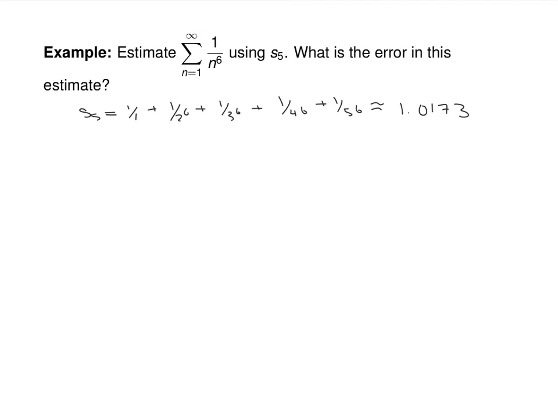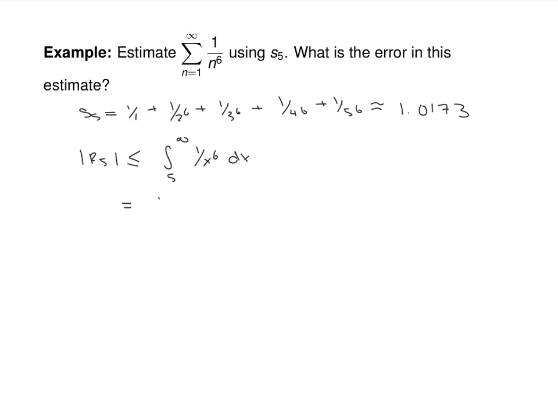And the integral test said that the error, or the remainder, if we leave off the first 5 terms, was less than or equal to the integral from 5 to infinity of 1 over x to the 6th dx.